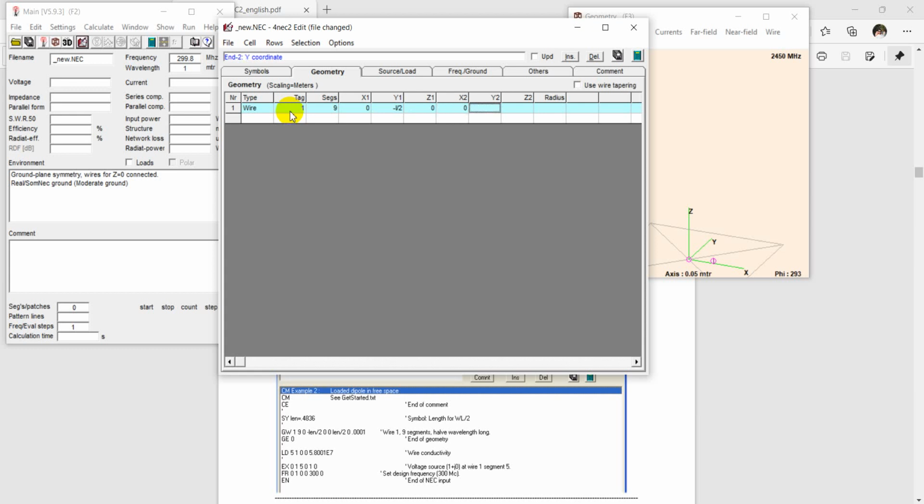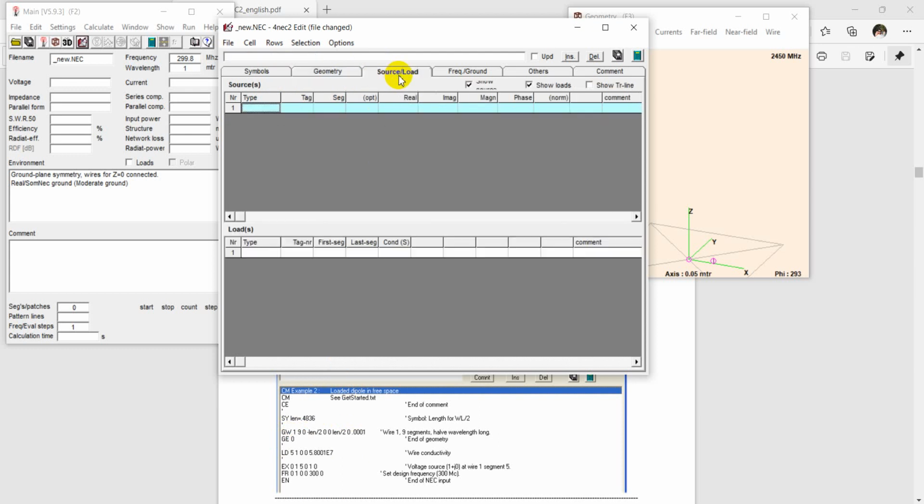Then X2 is 0, Y2 is L divided by 2, and Z2 is 0, and the radius they are taking is 0.0001. After completing this section, there is the command GE 0, end of geometry, which means there are no more wires or segments for designing this parameter.